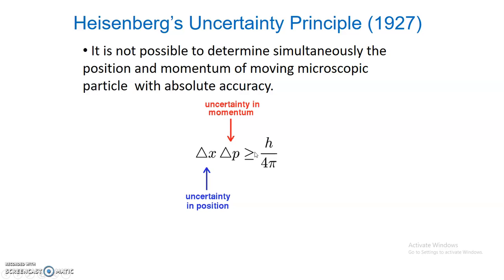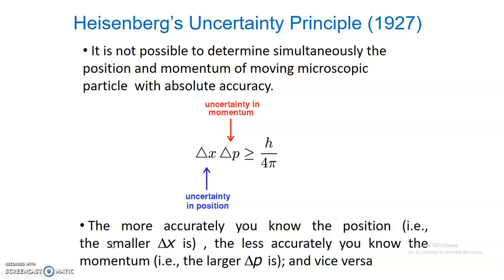Actually, the product of these two should be constant, that is h upon 4 pi, and in order to keep this constant, when delta p is less, delta x will be larger and vice versa. As I already told you, the more accurately you know the position, the less accurately you know the momentum, and vice versa. So this is the Heisenberg uncertainty principle.